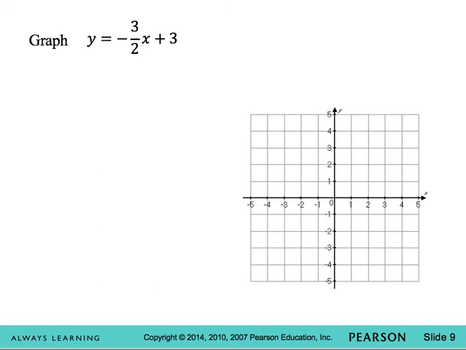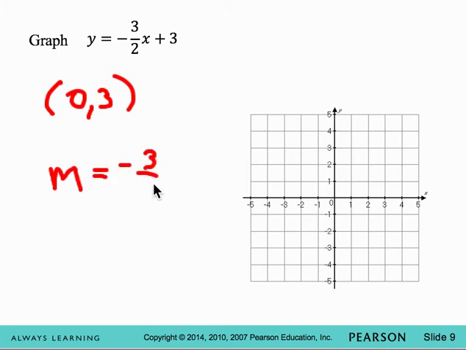Okay, this one is solved for y. So I know that my y-intercept is the point 0, 3, and my slope is -3/2. Now, if my slope is negative, I only go negative in one direction. If they were both negative, that's the same as positive.